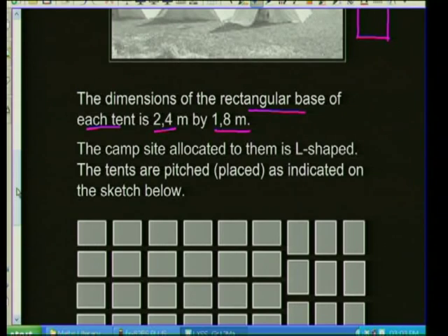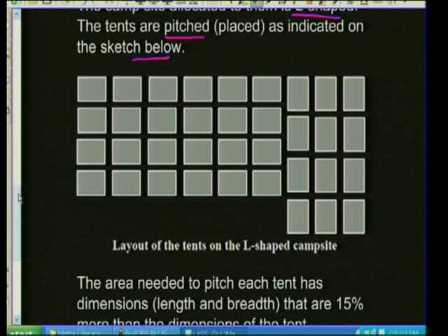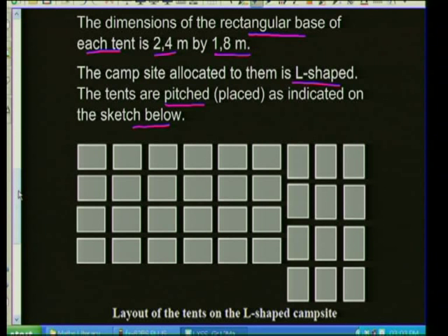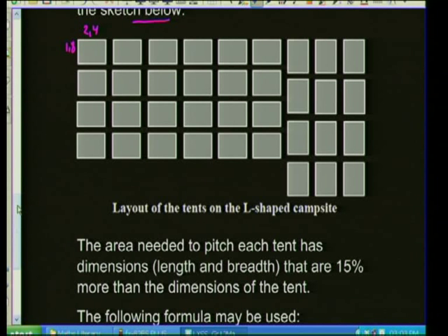The campsite allocated to them is L-shaped. The tents are pitched as indicated on the sketch below. So now we can see how our tents are allocated. The layout of the tents is in the L shape, an upside down L.